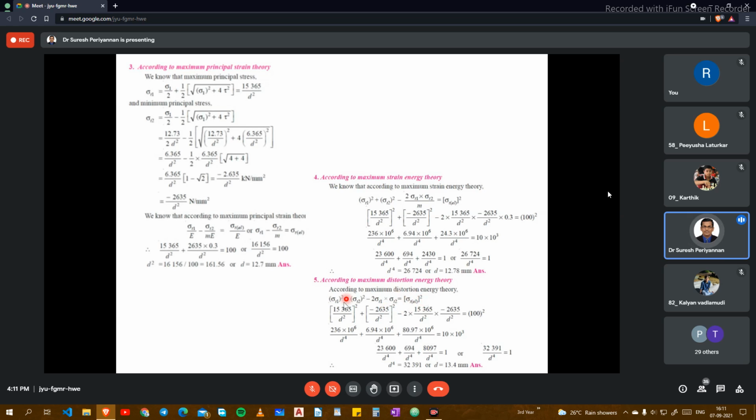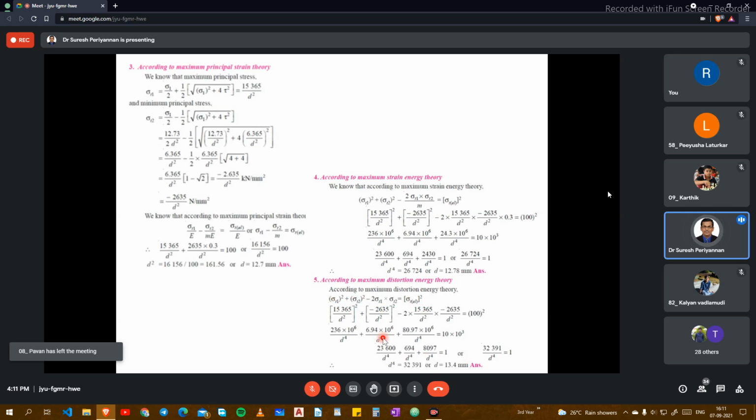Now we already know all the values, sigma 1 sigma 2, plug into this equation, you are able to find out the diameter of the bolt. Okay, 13.4 mm. So now I stop here.